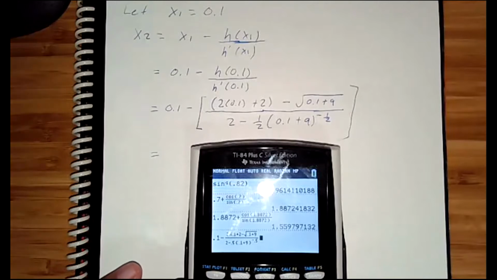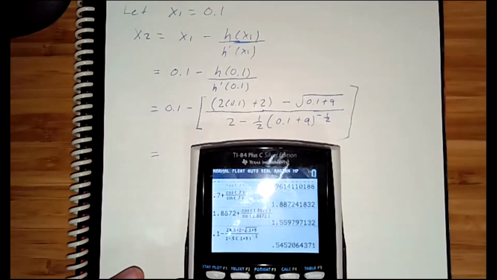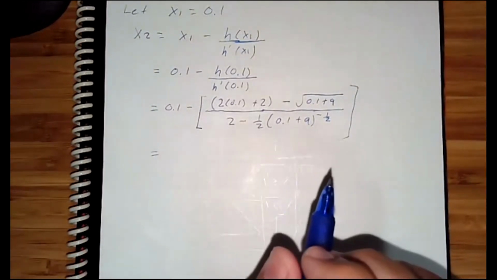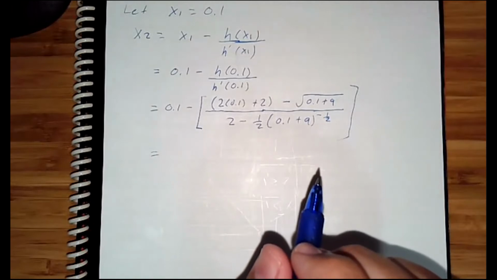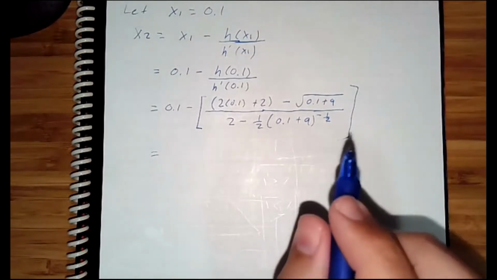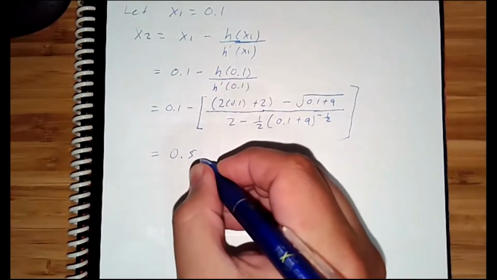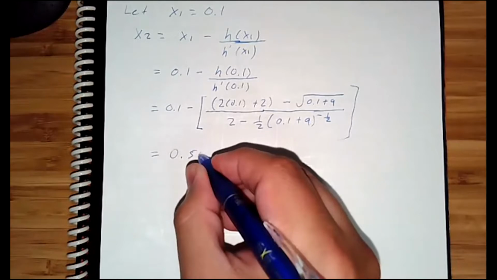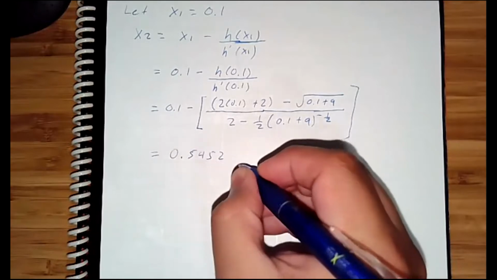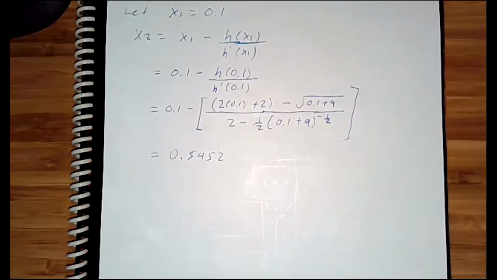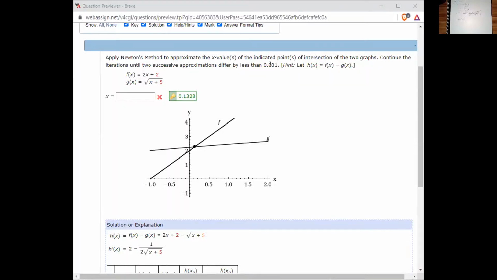So all this garbage, it's going to be this. Okay, so 0.5452. So now we'll do it again and see if it differs by 0.001. It wants me to do it until there's almost no difference.